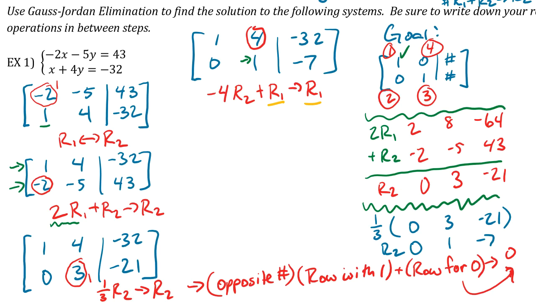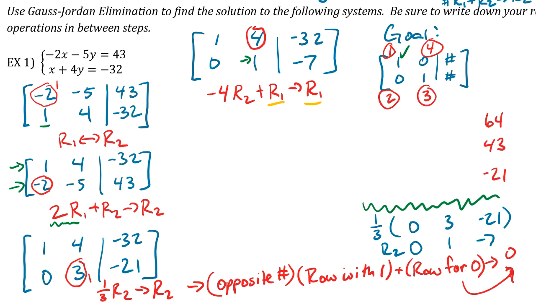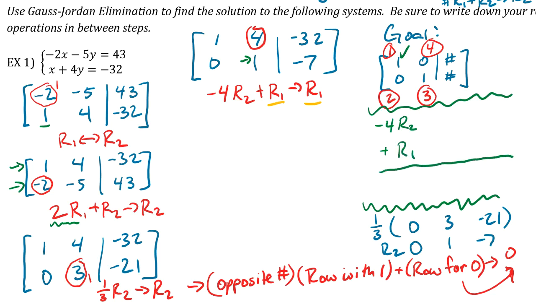Alright, so in my recording space, I'm out of room, so I'm just going to go ahead and erase some of this real quick. Now I have a little bit of room again, so we can do this little scratch work. So it's going to be negative 4, row 2, plus row 1. Negative 4 times row 2 would be 0, negative 4, negative 28.